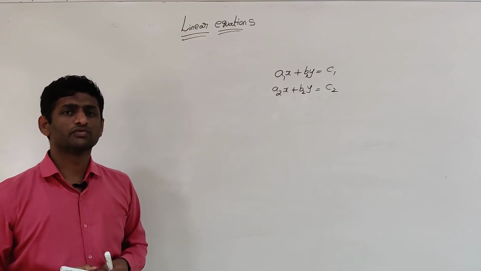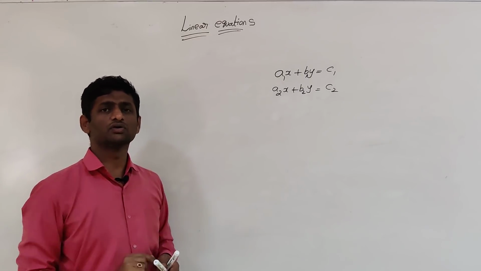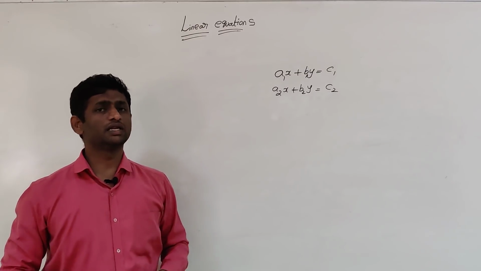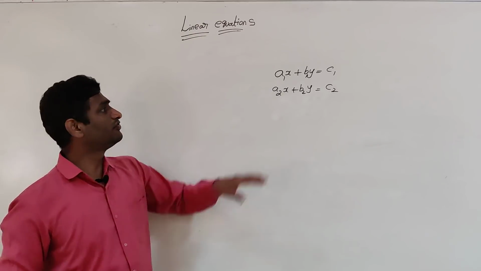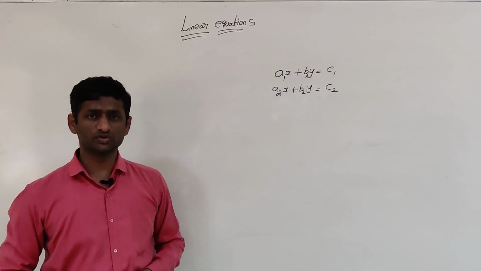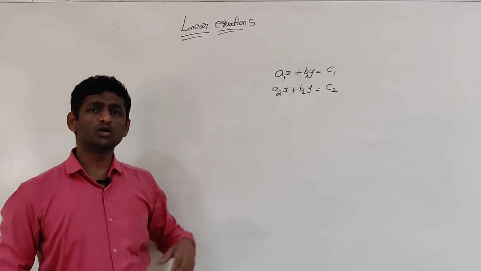If the two lines intersect at one point, then it will have a unique solution. If two lines are parallel, then it has no solution. If two lines are coincident, then it has infinitely many solutions. And this you are aware of.